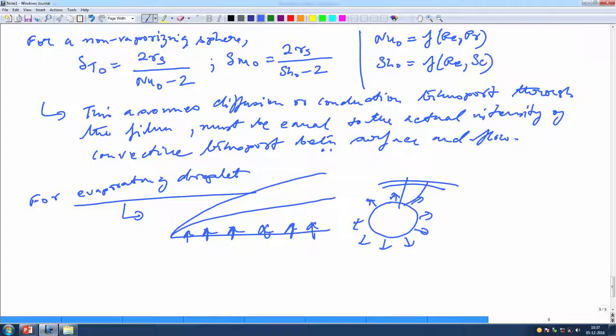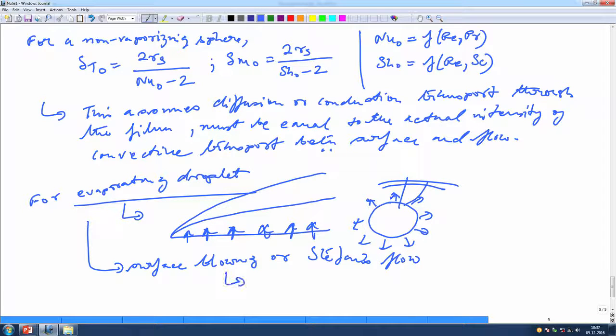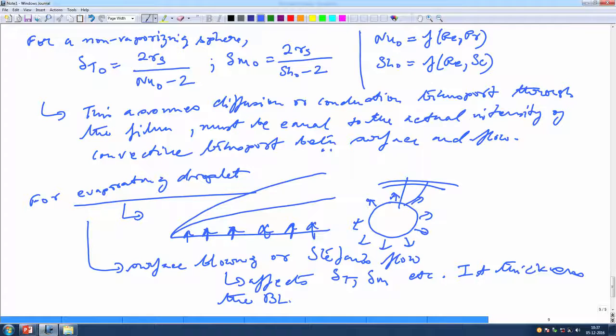So, this is called surface blowing or Stefan's flow. Stefan's flow basically affects delta_T, delta_M, etc. In other words, it thickens the boundary layer, that is what it does, right.